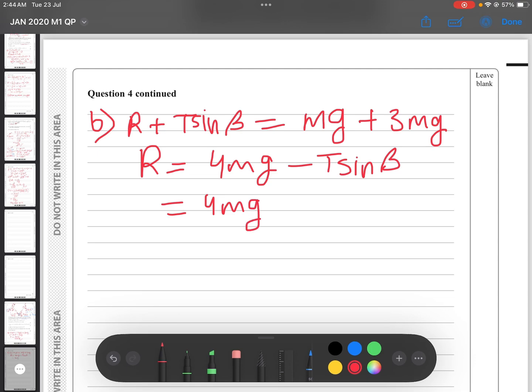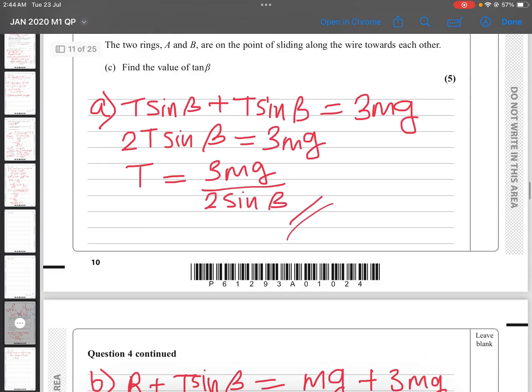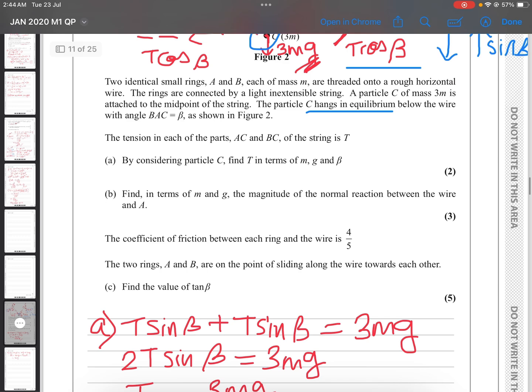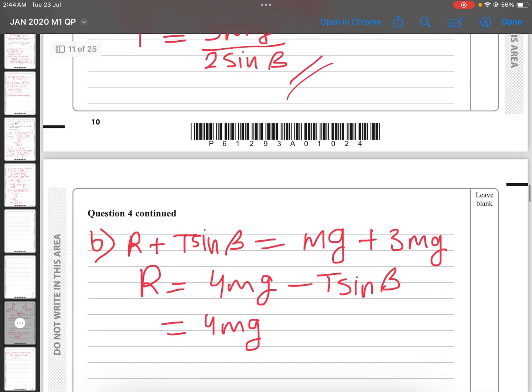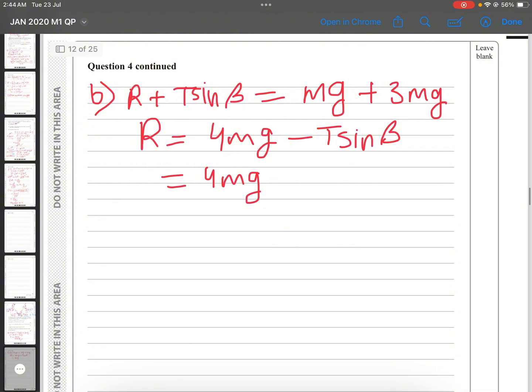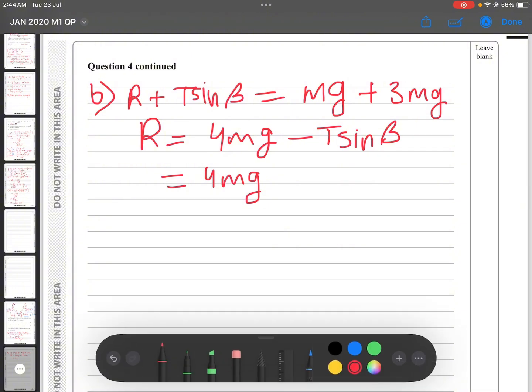Now because they wanted in terms of m and g only, we have to remove the beta. To remove beta, we found in part A that the equation for T can be written as 3mg over 2 sine beta.